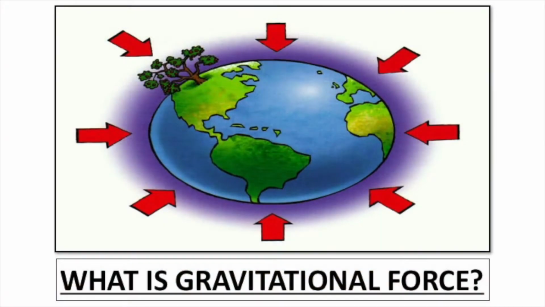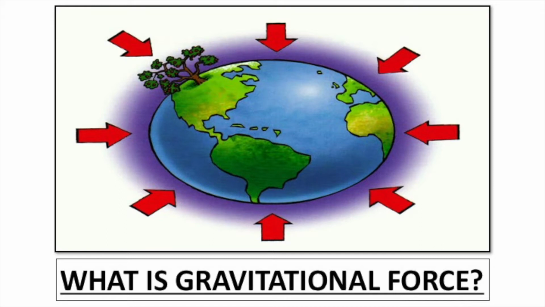And now let's take a look at our PowerPoint presentation about what is gravitational force. Yes, well, the simple answer, gravitational force is the thing that keeps everything on Earth. Now you can see in the picture here, what can you see here? Planet Earth, correct. And then notice how you can see all of these arrows pointing to the Earth.